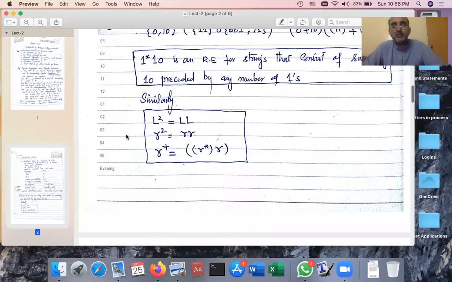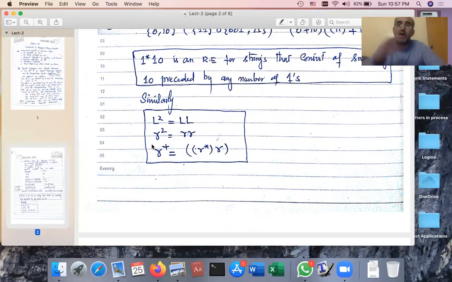Okay, similarly, if there is something written in this form, L square, then it means that LL, it is a concatenation of L and an L. And if something is represented with R square, then it means it is RR. If something is represented with R plus, then plus you already know from your lecture 1. Star means all possible strings, including null.